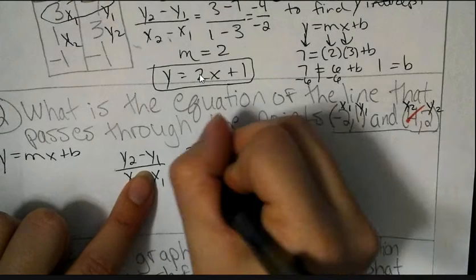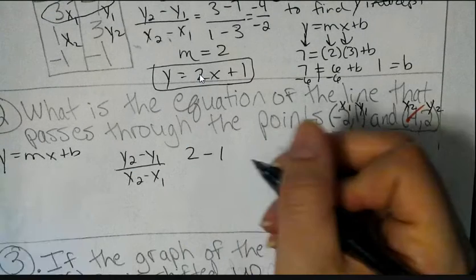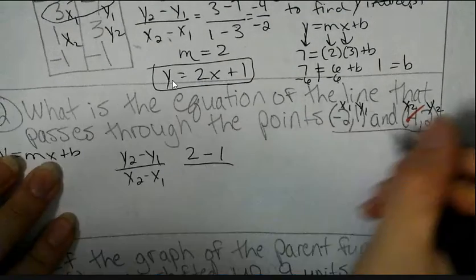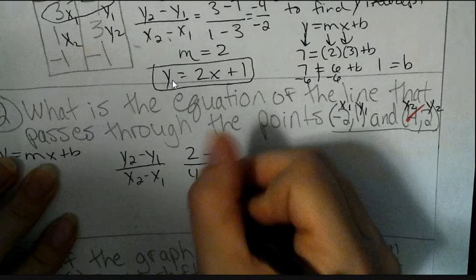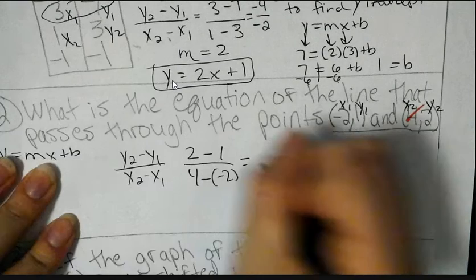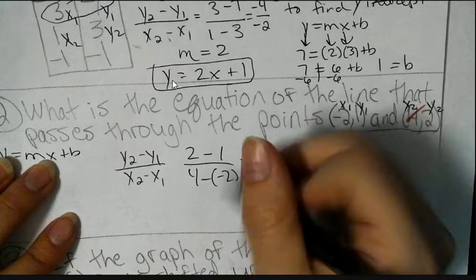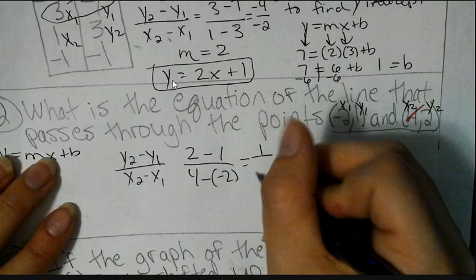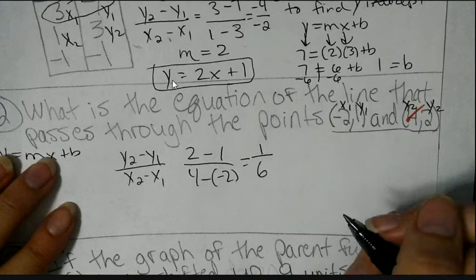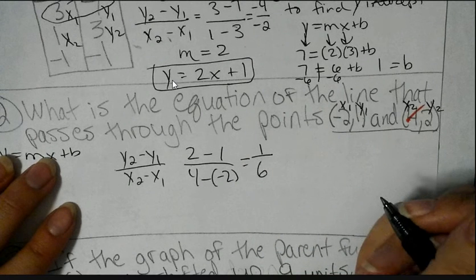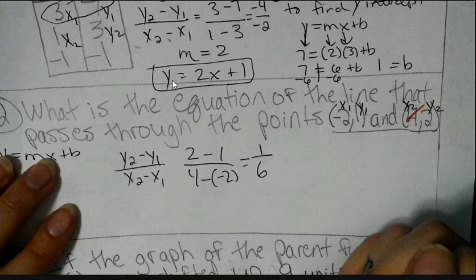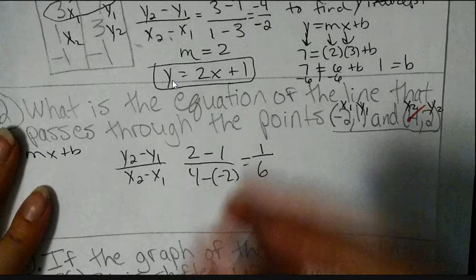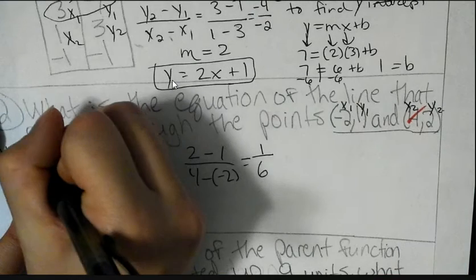So y2 is 2 minus y1 is 1 over x2 is 4 minus x1 is -2. So that equals 1 over 4 minus the -2 is positive 6. So that's my slope. My slope is going to be 1/6.